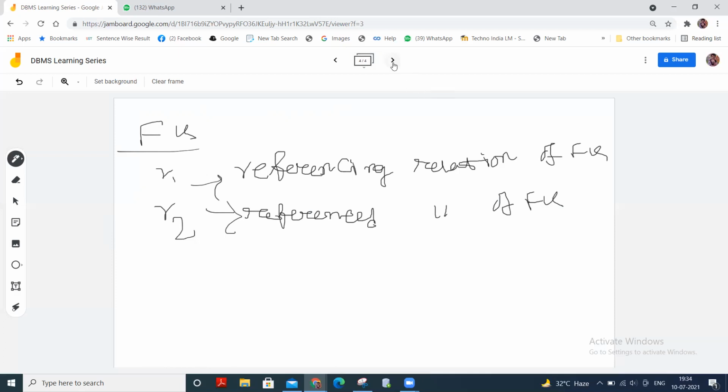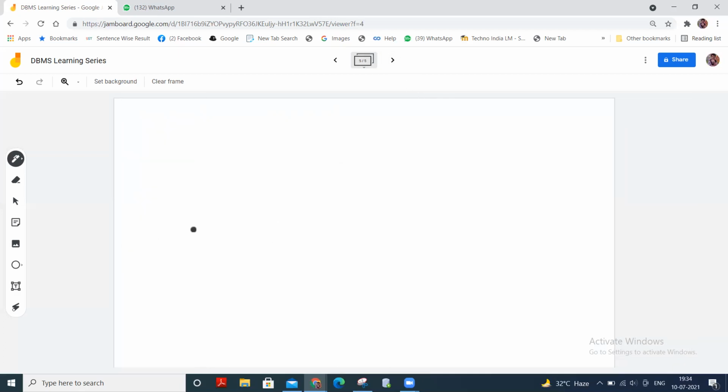Suppose, so go to the next page. So suppose an entity is account. Okay, and it is account. So its attributes are, suppose, account number, and another attribute is, suppose, balance.